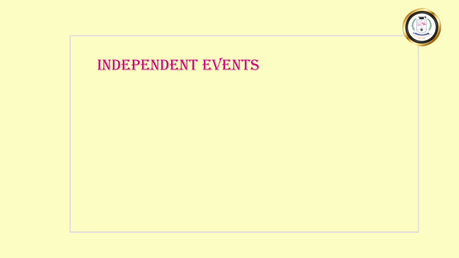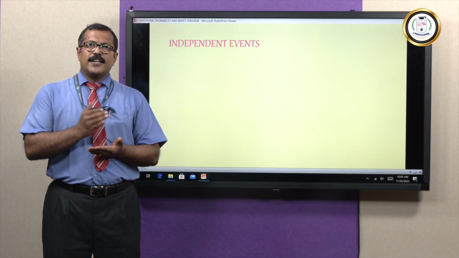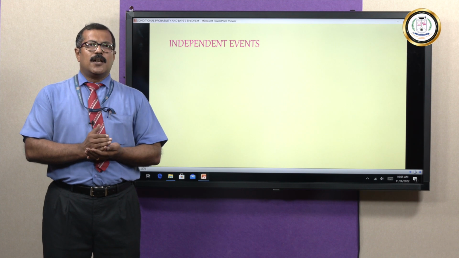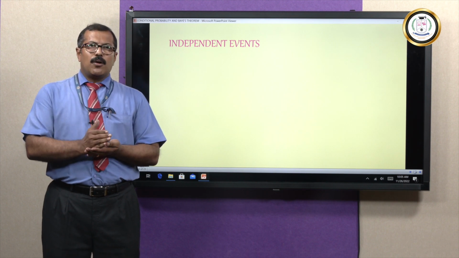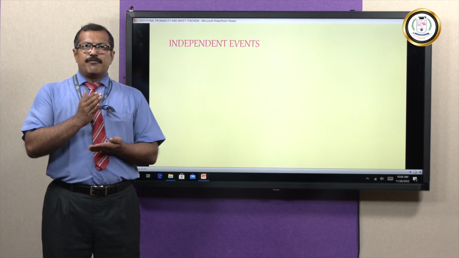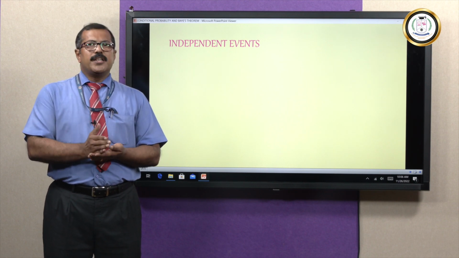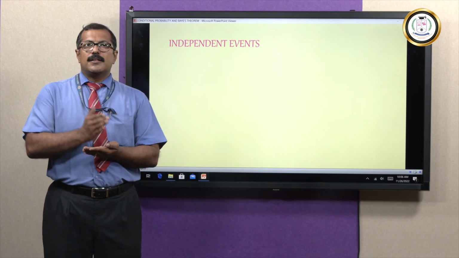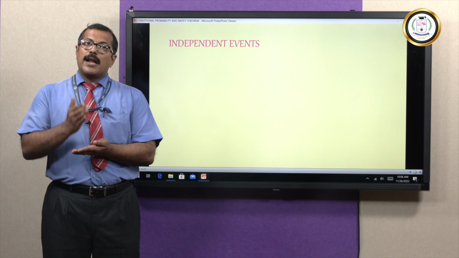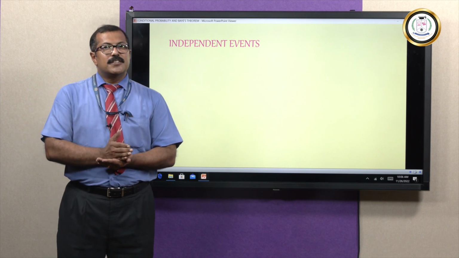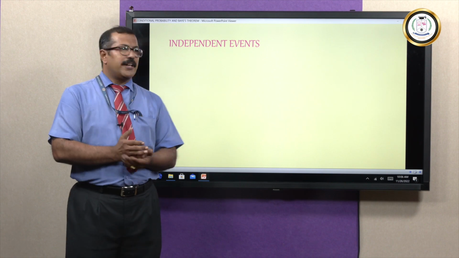What are independent events? Unlike mutually exclusive events, independent events are events which do not depend on the happening of the other events, which means if we consider two events A and B, if the happening of A does not depend on the happening of B and the happening of B does not depend on the happening of A, we call the events mutually independent events.